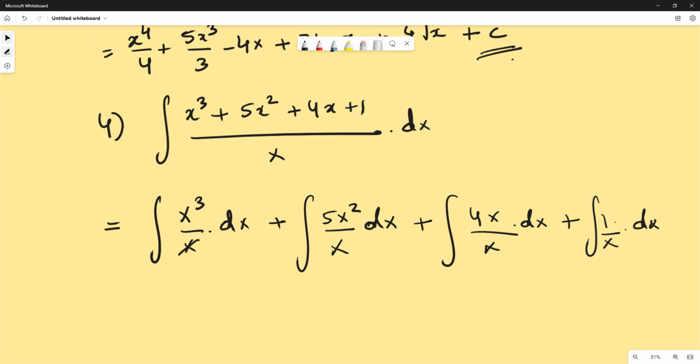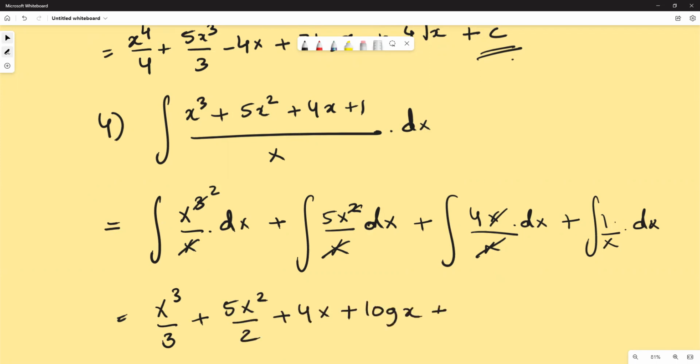Now I can simplify. This is x squared. This becomes x. X and x get cancelled. Now I have integral x squared, which is x cubed by 3, plus 5x squared by 2 plus 4x plus integral 1 by x is log x plus c.